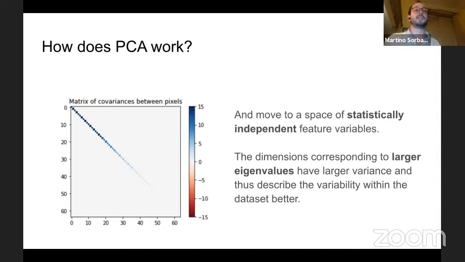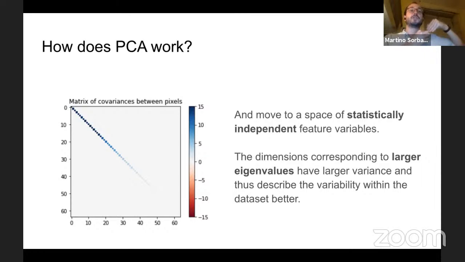So what we do is we take the eigenvectors as the directions. This linear combination of variables is the first principal component. And then we order the eigenvalues from largest to smallest.